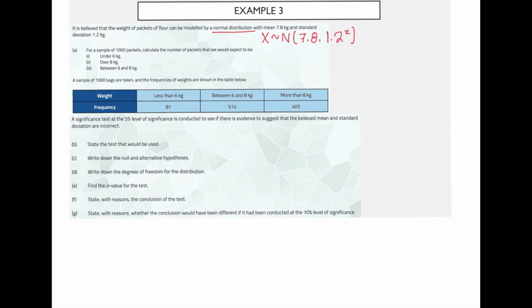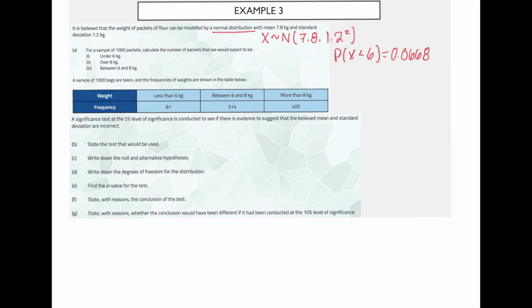Knowing this, we can find the probability for x to be smaller than 6. How we do that, we go into our calculator and do the normal distribution calculation, normal CDF. We get the probability of x being smaller than 6 is 0.0668.